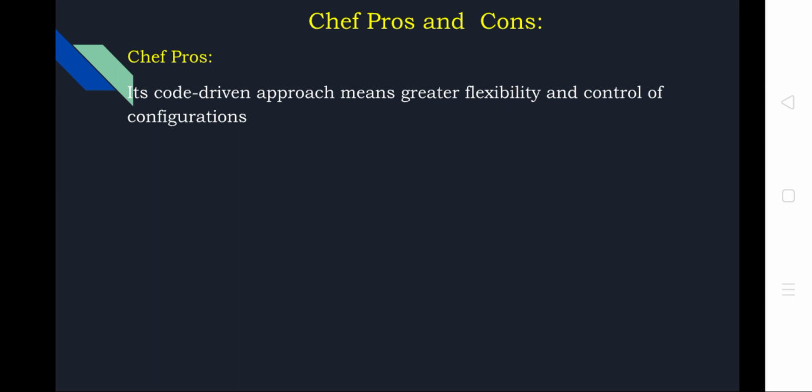We have seen the opposite case, the model-based approach, where we are not able to get much flexibility. But here it is a code-driven approach, so the control will be with the configuration. We can control the configuration just by changing the code. That is the advantage here.